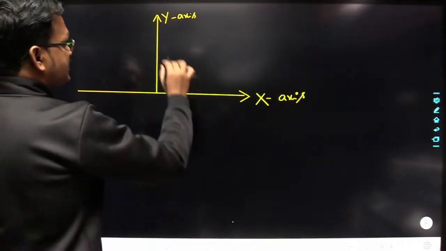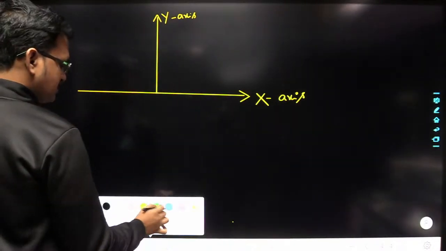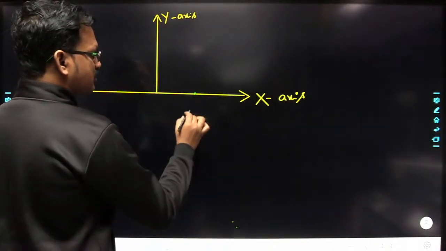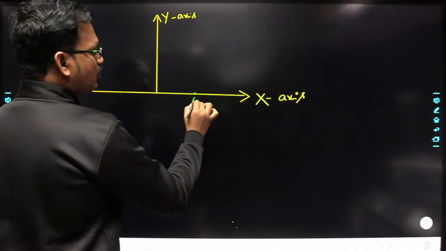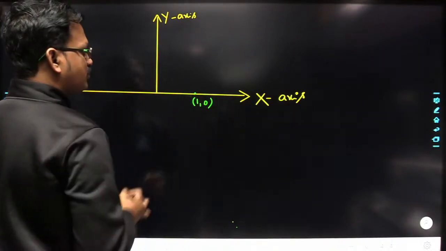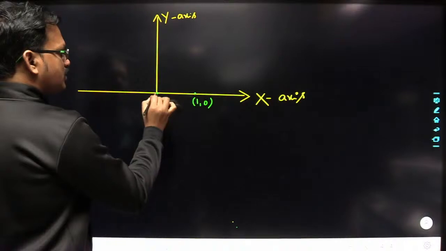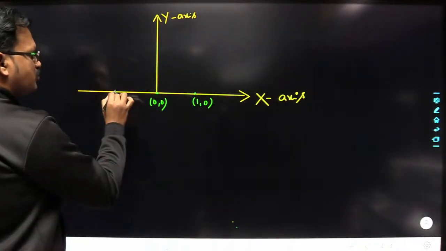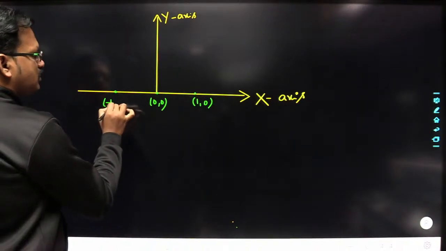So this is the x axis, y axis. Now let us consider a point here. Let us say this point is 1, 0. Here let us consider this point is 0, 0, and this point is minus 1, 0.